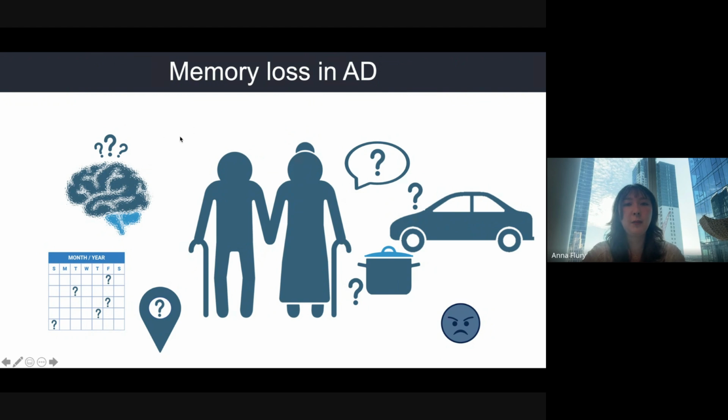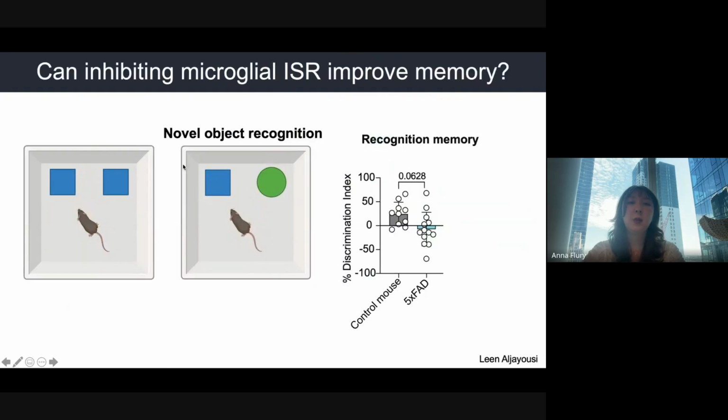One thing that I mentioned before in my talk was that people with this disease might have trouble remembering where they are in space and time, and they might have trouble with pattern recognition as well. So we did a novel object recognition test with mice. In this paradigm, if you're not familiar, you let a mouse become accustomed to 2 identical objects in an arena, and then you replace one of the objects with a new one.